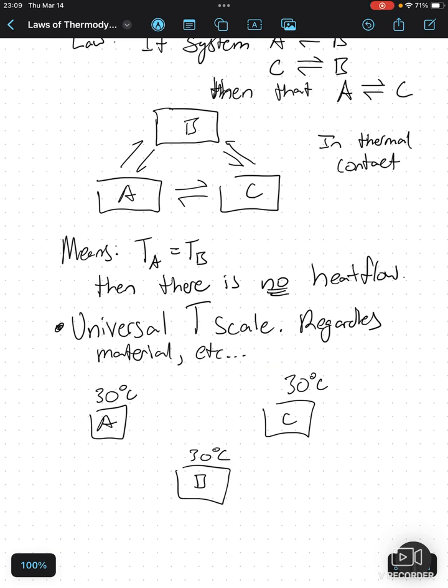The atoms are moving in the same amount, in a way, as each other, which makes things a lot easier. So we don't have a different temperature for metal, a different temperature for sand, and a different temperature for milk, just anything.